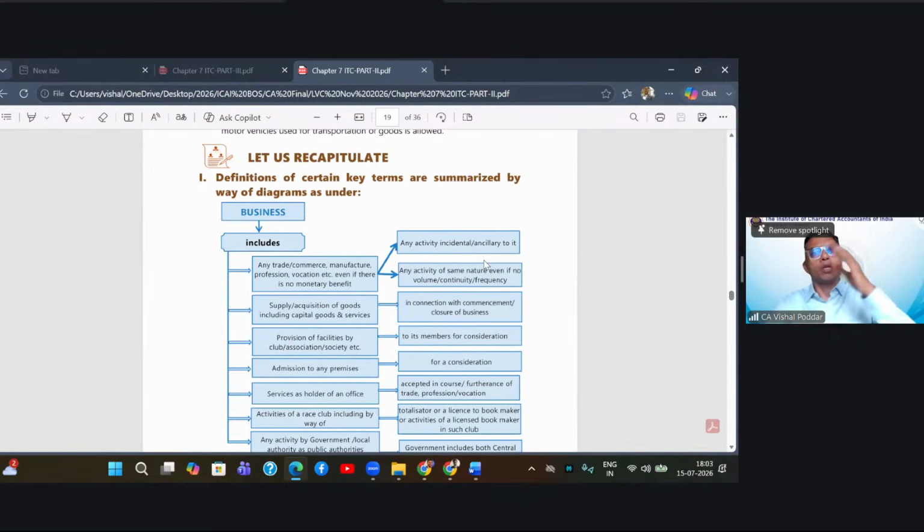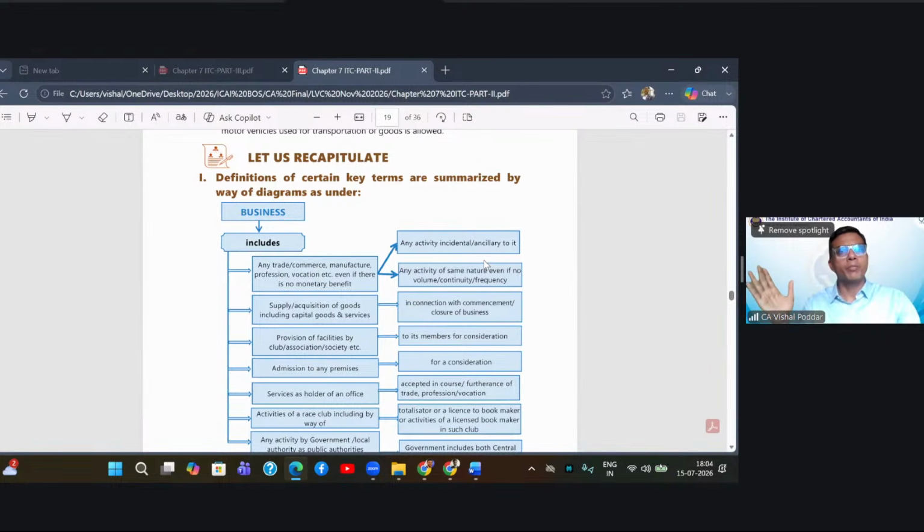So when you have a tax liability on the output side of your business, on your outward supply, for that outward supply tax liability, you can utilize this input side credit. This is the whole concept of ITC.